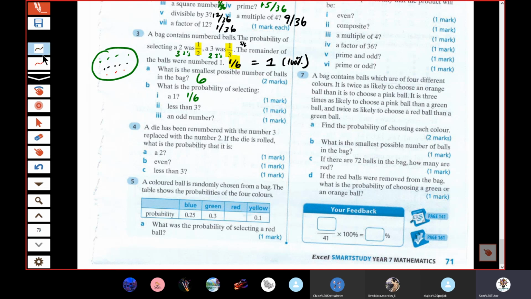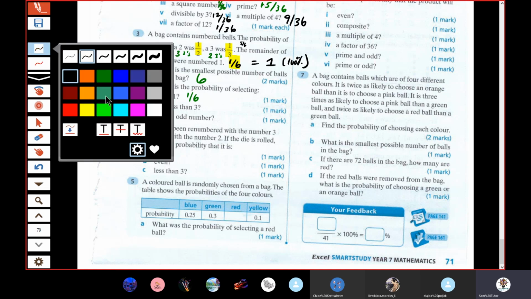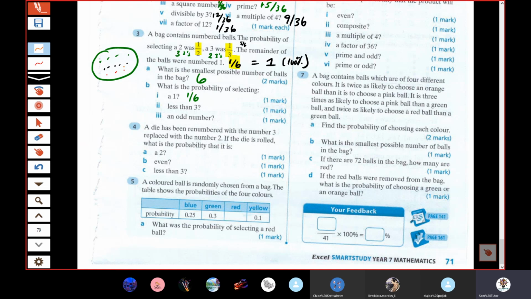Now, you're not sure exactly how many greens, blacks or reds you've got, or how many 2s, 3s or 1s you have. But what you know is this occurred half of the time, this occurred a third of the time, and whatever's remaining is whatever's in red, like the number 1.